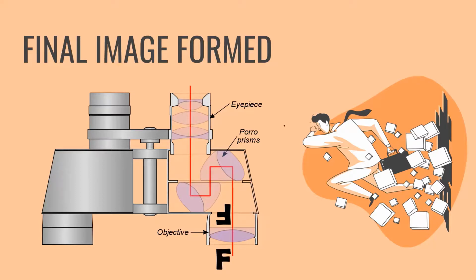And then the image formed by the objective will pass through two polar prisms, and the image will be inverted again and become exactly the same orientation as the light ray coming in before the objective lens. And then the final image formed will be magnified by the eyepiece, and we can see a clear image through binoculars.